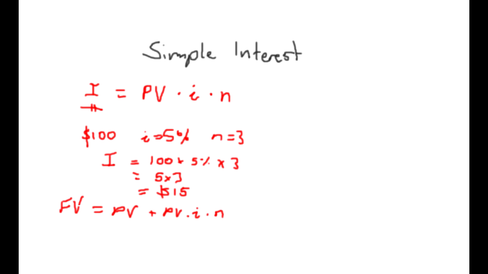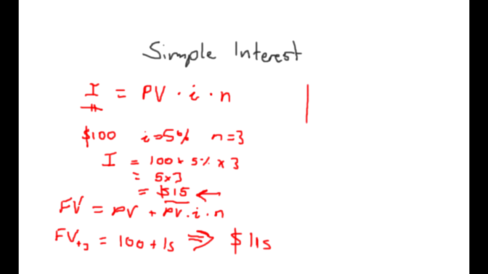So to actually calculate the future value at time 3, it's going to equal 100 plus the 15 in interest that we calculated up here. So that's going to give us a grand total of $115 after 3 years. So that's how we calculate simple interest.